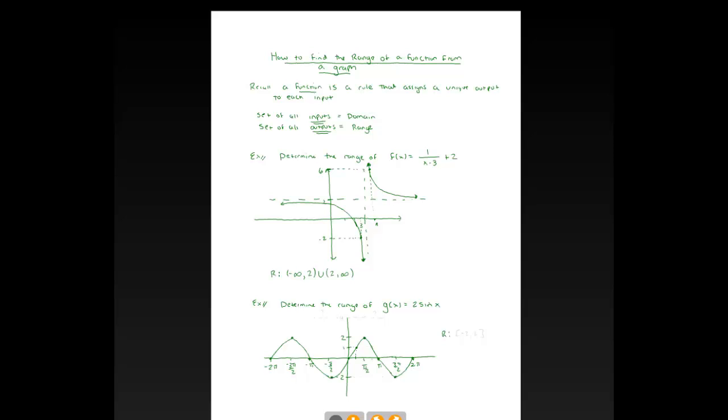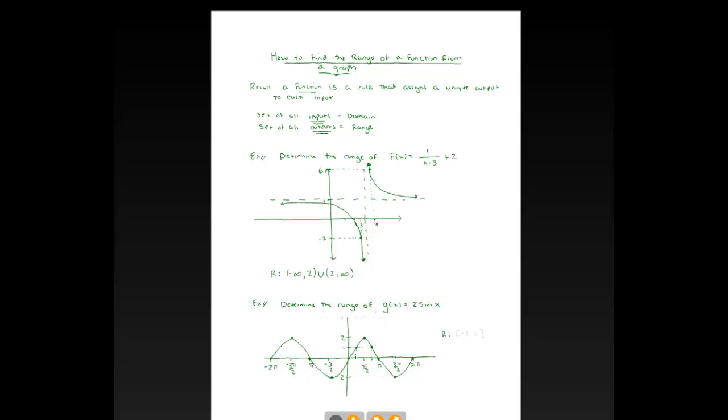Notice that 1 is also an output for that x value here. Okay, it doesn't really matter though. The fact that there's more than 1 in doing a problem like this doesn't matter as long as there is 1. There could be more than 1, but as long as there's at least 1, we'd say 1 is in the range. So 1 is in the range.